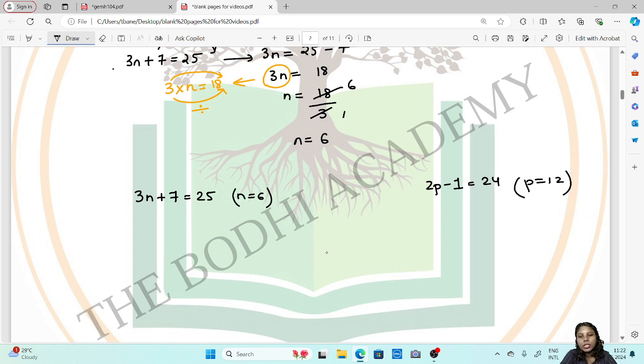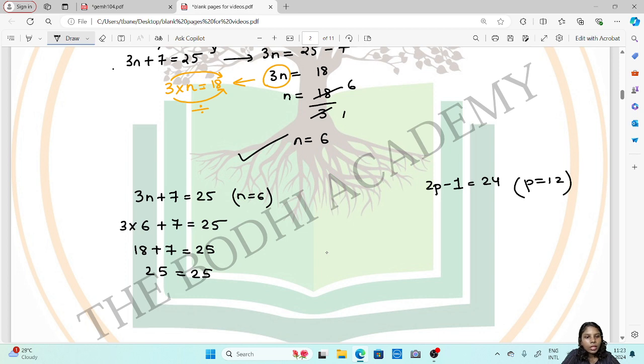Now we substitute 6 instead of n here. It will be 3 into 6 plus 7 equals 25. 6 threes are 18, plus 7 equals 25. 18 plus 7 is 25. Therefore this solution is correct.